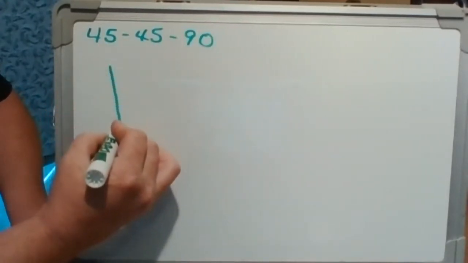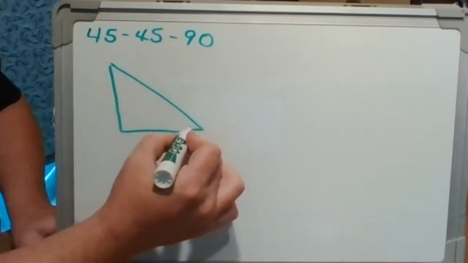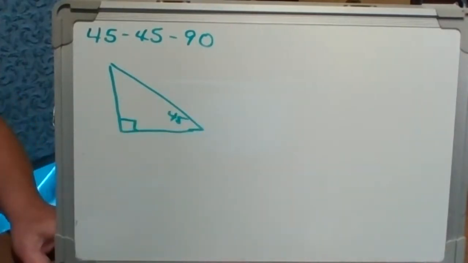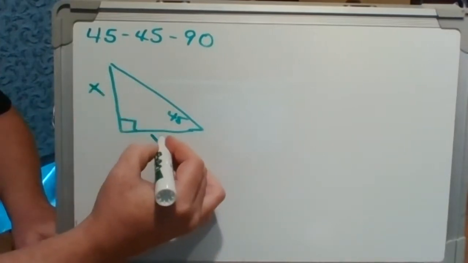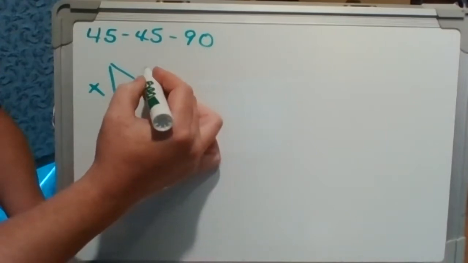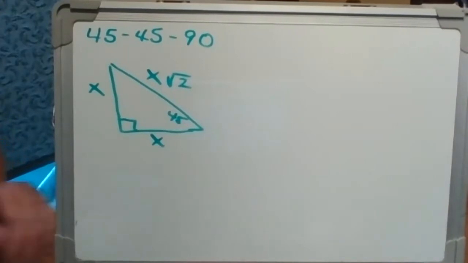So 45, 45, 90, that's our other special right triangle. We know that the two sides are the same and we label those x, our generic relationship. And then the hypotenuse is whatever our x value is times the square root of 2.